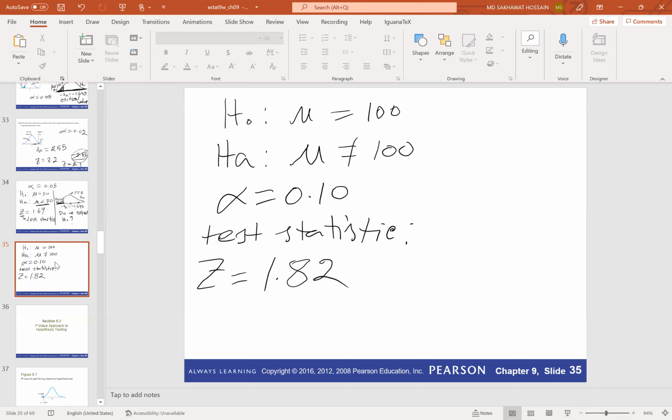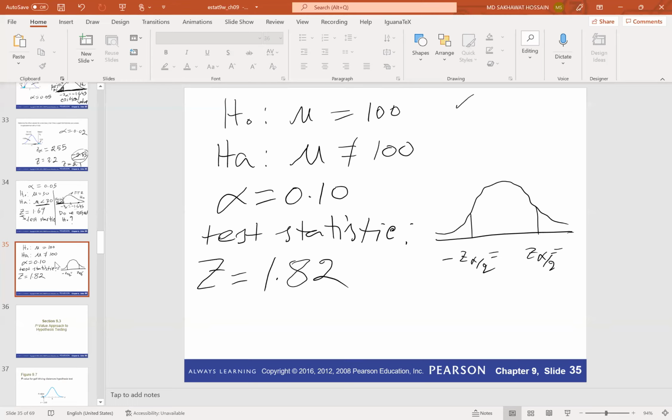Let's draw the normal curve. So this is our normal curve. Since this is a two-tailed test, we'll have two rejection regions. This one will be negative z alpha over 2, and this one will be z alpha over 2. So what is the value of alpha over 2?